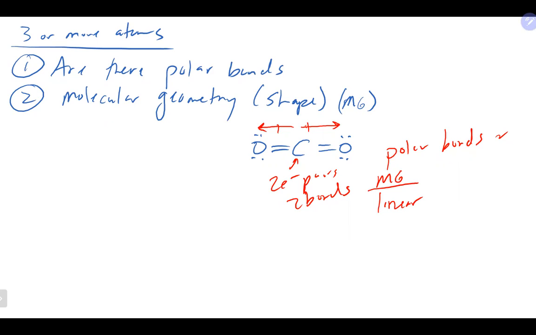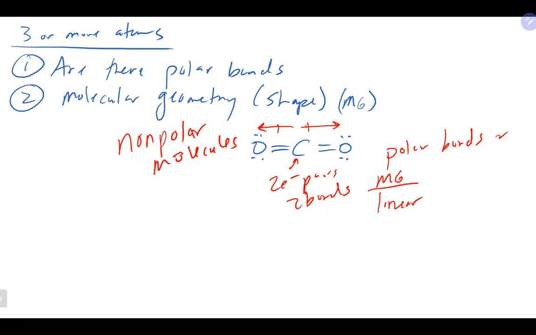I'm pulling on both sides of my pen here. My pen is going nowhere. So although it does have polar bonds, because of the geometry, this thing is actually going to be a non-polar molecule, which is a very good example of something that can have polar bonds, but overall be non-polar.